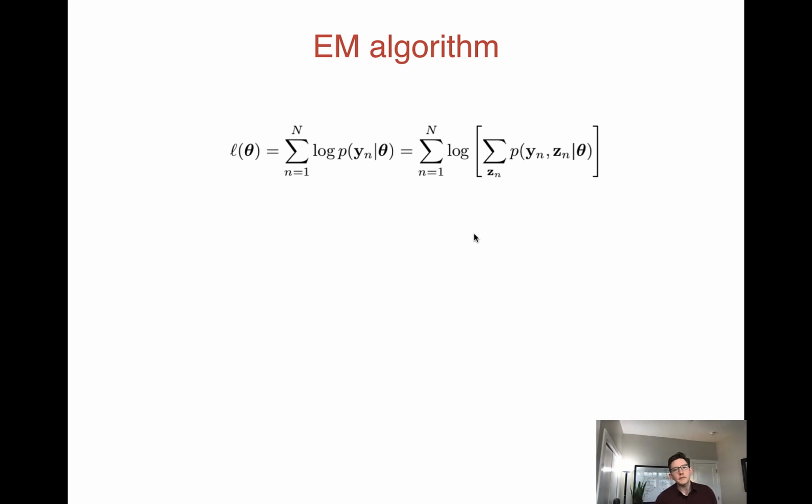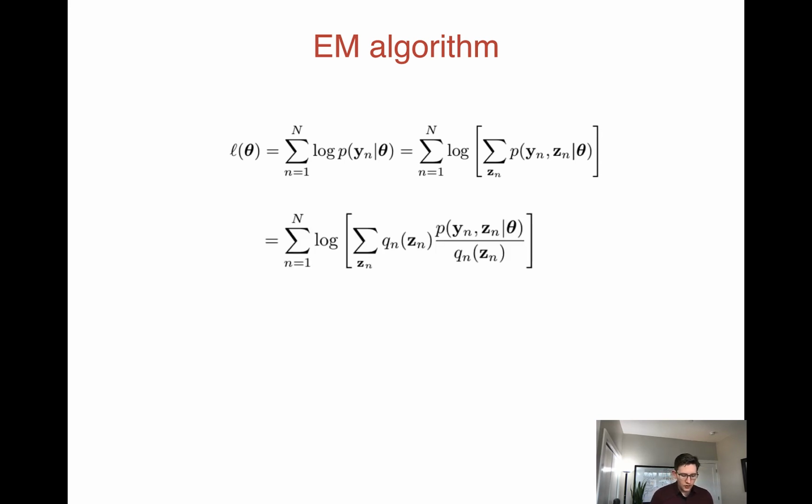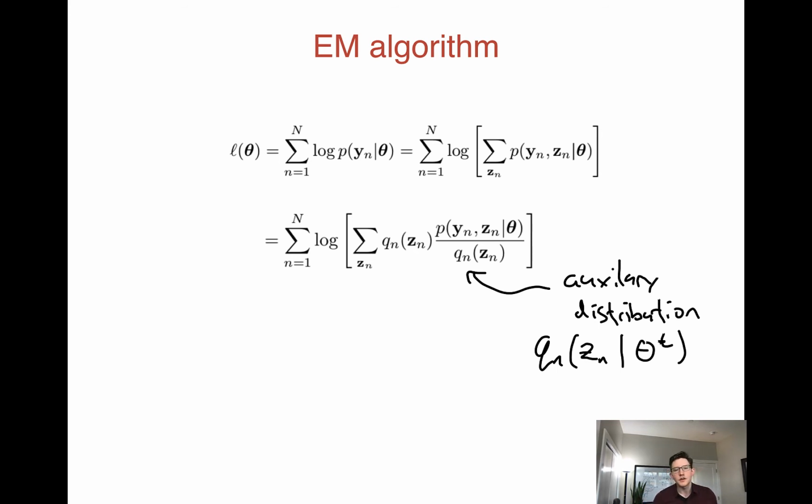For us to be able to use that majorization-minimization strategy, we need to have a lower bound Q function. So let's define such a function. In order to do this, let's come up with some auxiliary distribution. We're going to call those Q of n. So Q of n is some arbitrary distribution.